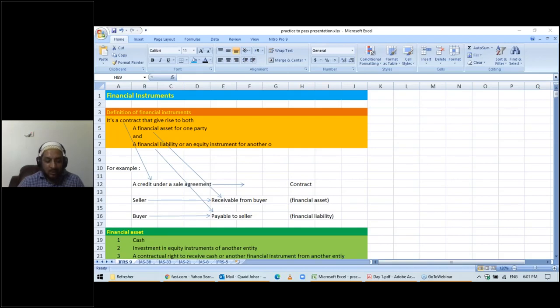So students, I passed all my ACCA exams back in the year 2002, and since then I started working with one of the top four accounting firms here in Karachi, and I worked there for around 5 years, and then I came into the teaching profession as a full-time teacher.